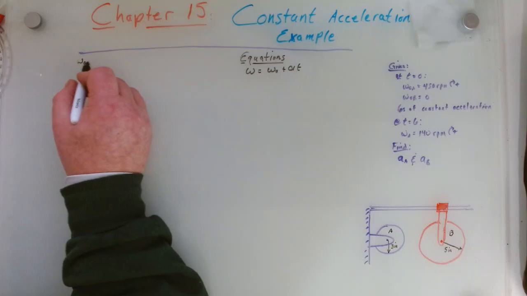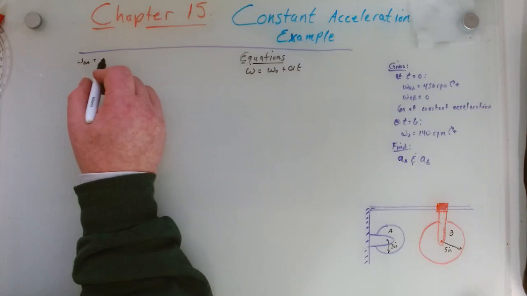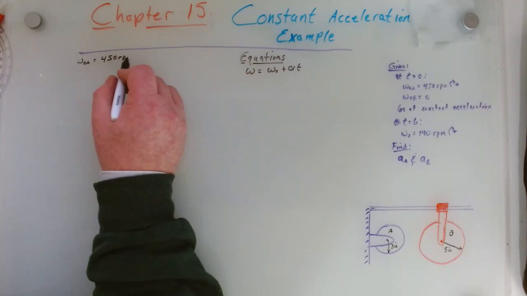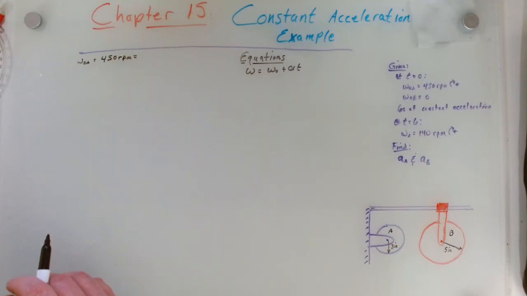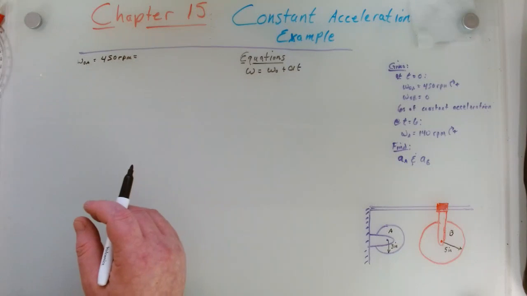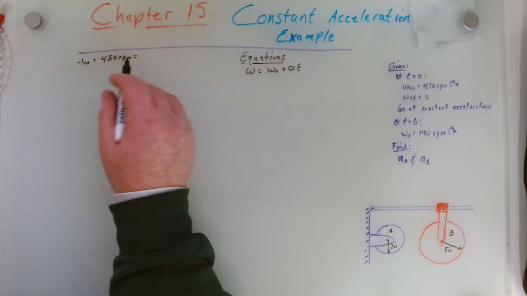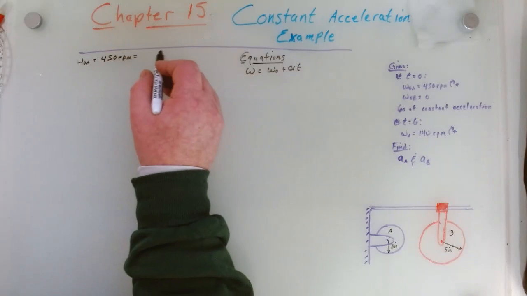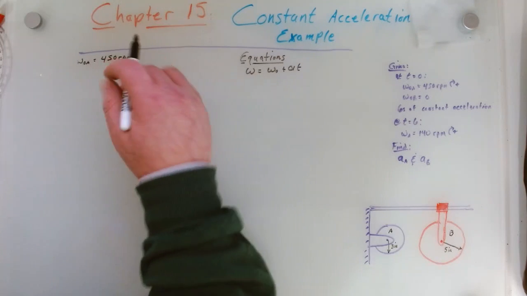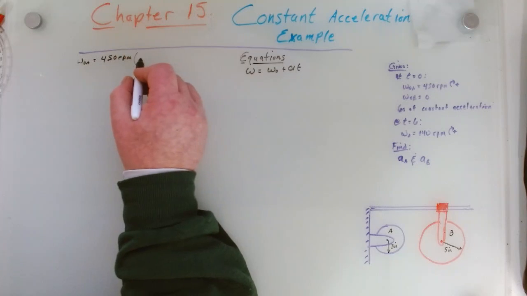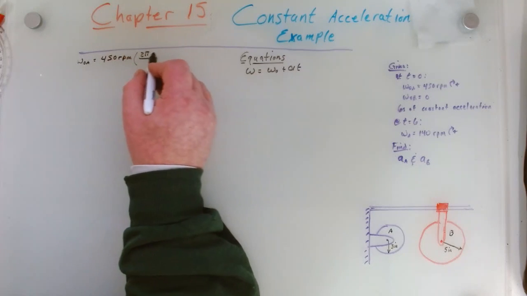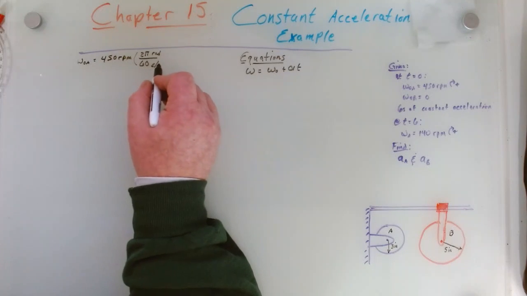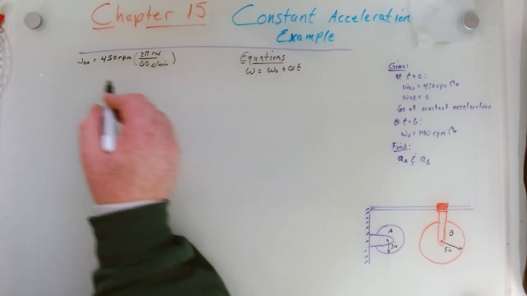So omega naught A equals 450 RPM. We need that in radians per second. There are 2 pi radians per revolution, so revolutions on top, we need radians on top. We'll say times 2 pi radians, and then 60 seconds per minute, which should get us there.